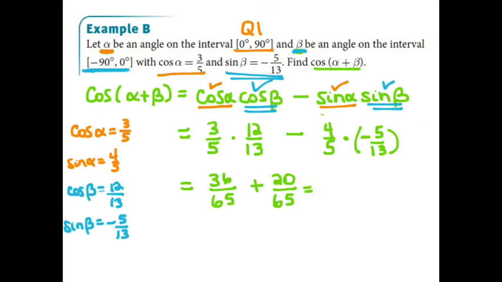And then if we add those two things together, we get 66 over 65 as our final answer. Okay, actually I think I added incorrectly there. Let's fix that. 36 plus 20 is not 66, but 56. That's our final answer, 56 over 65.